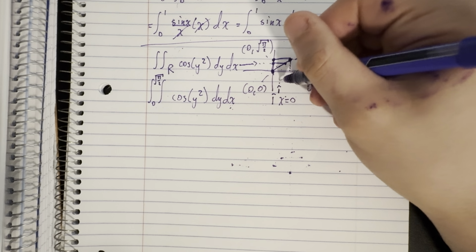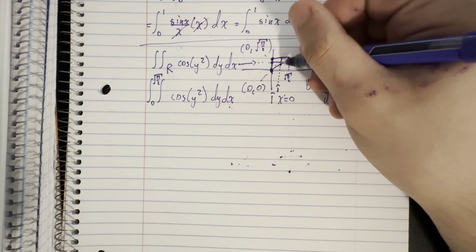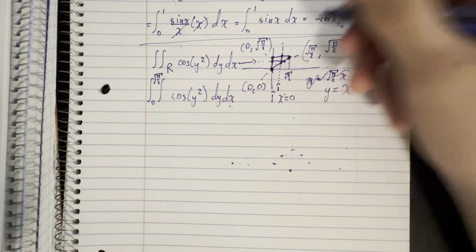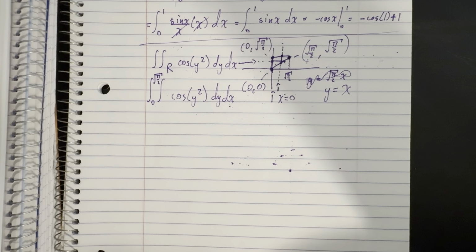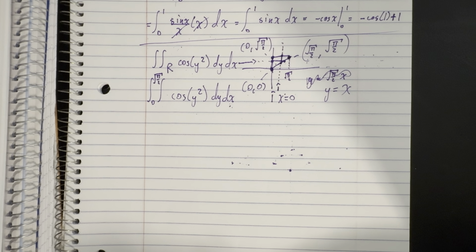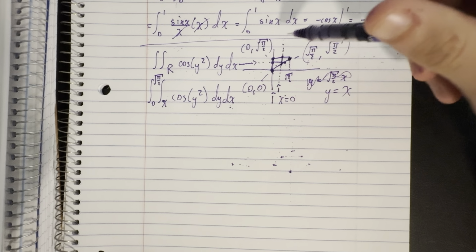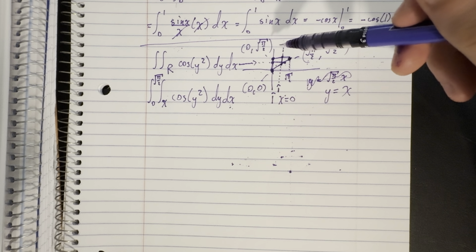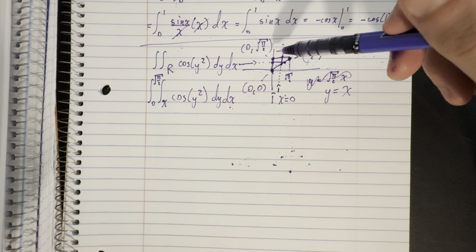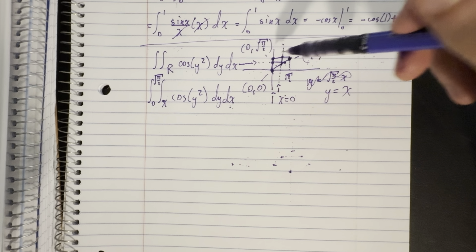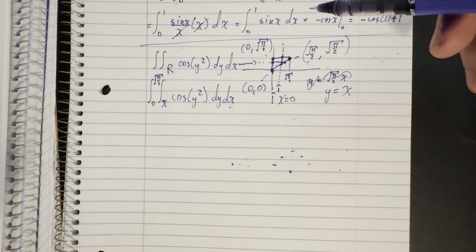Now y is going to go through this line. First, he's going to hit that thing we just talked about, y equals x, and this has to be a function of x. And then he's going to come out at y equals root pi over 2.